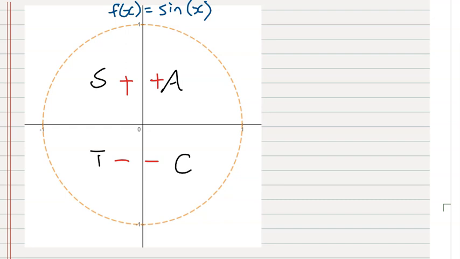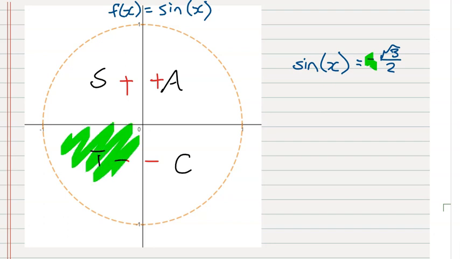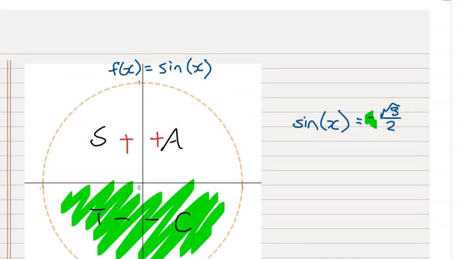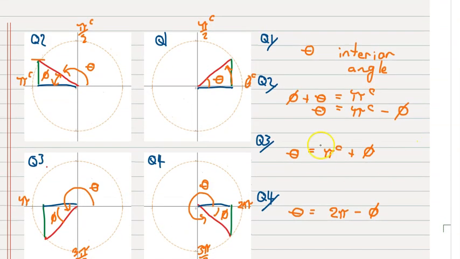Now notice the ratio we're working with here is sine of x equals negative root 3 over 2. So we've got this negative sign here. What this tells us is that the output of the sine for this value is negative, so we're expecting an angle in quadrants 3 and 4.